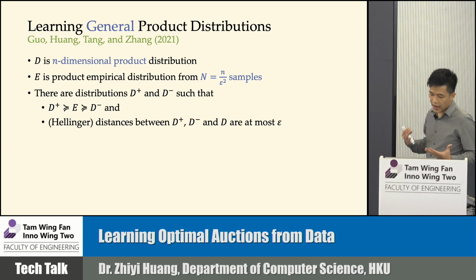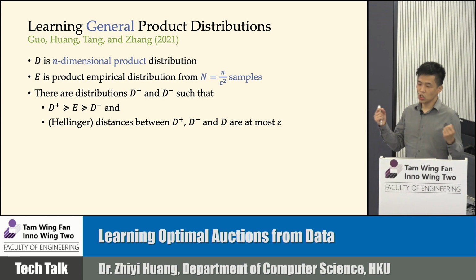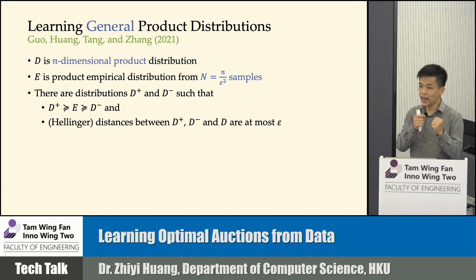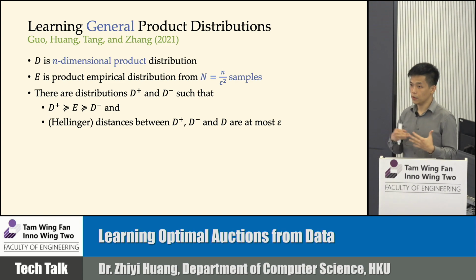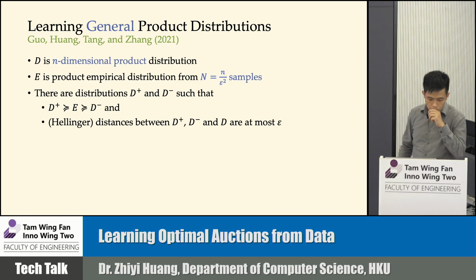But the problem is that if I look at a continuous distribution, let's say a uniform distribution between 0 and 1, and I have an empirical distribution, which is a uniform distribution over a finite number of sample points, a discrete distribution, then a lot of the standard notions of distance between distributions would say that these two distributions are infinitely apart from each other. The distance between them is basically the maximum possible value.